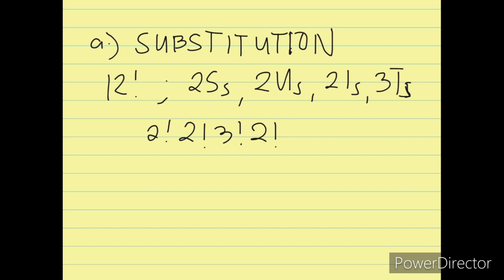Hence, the number of distinguishable permutations is given by 12 factorial over 2 factorial, 2 factorial, 3 factorial, and another 2 factorial.